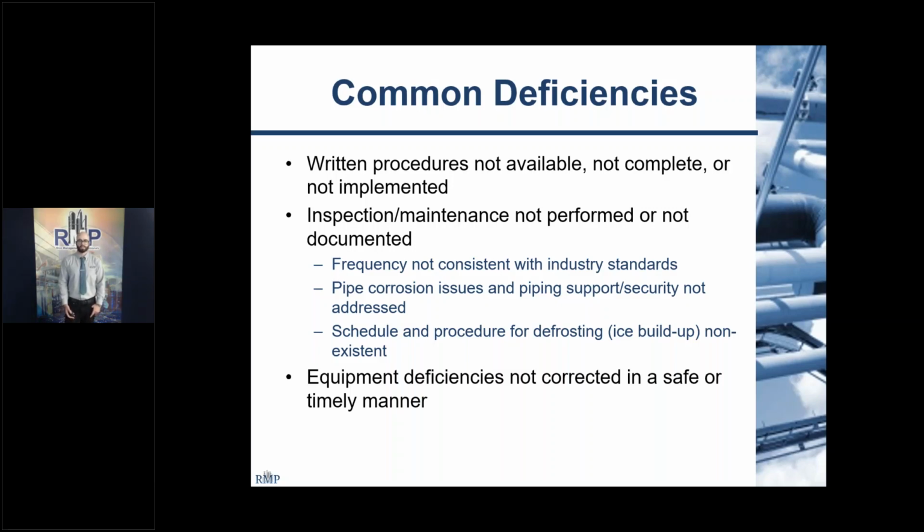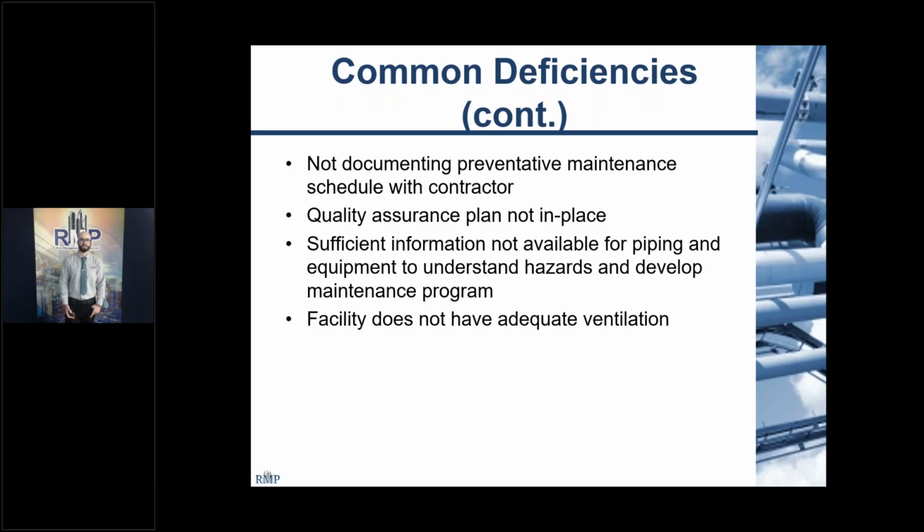Equipment deficiencies are not corrected in a safe or timely manner. And furthermore, not documenting the preventative maintenance schedule with contractor, quality assurance plan not in place, sufficient information not available for piping and equipment to understand hazards and develop a maintenance program, or the facility does not have adequate ventilation.